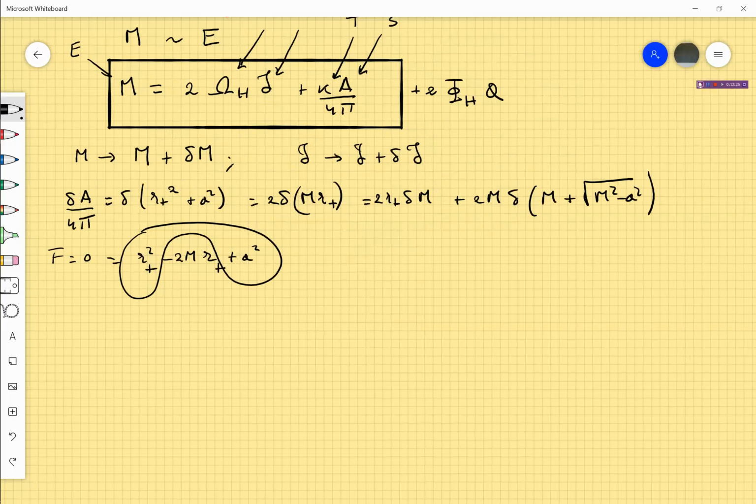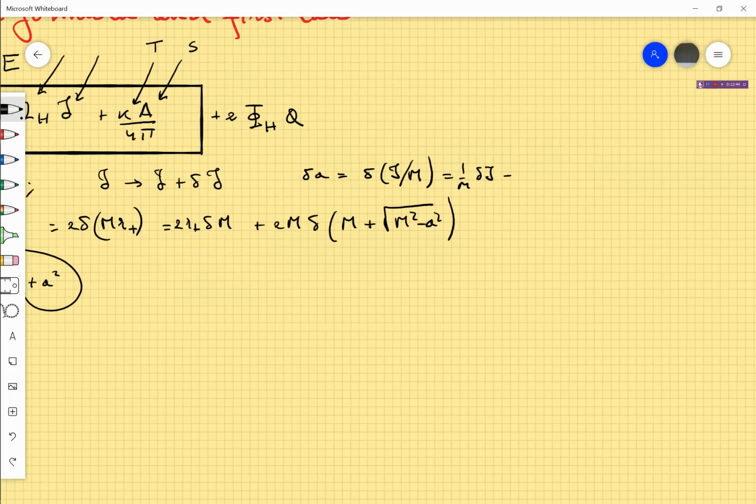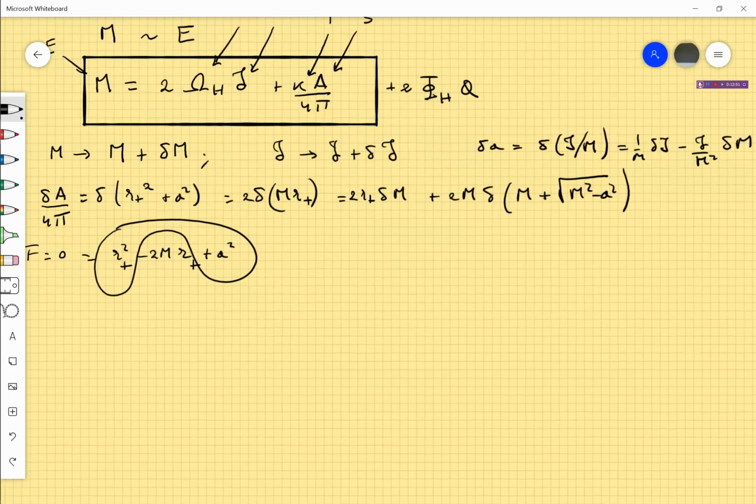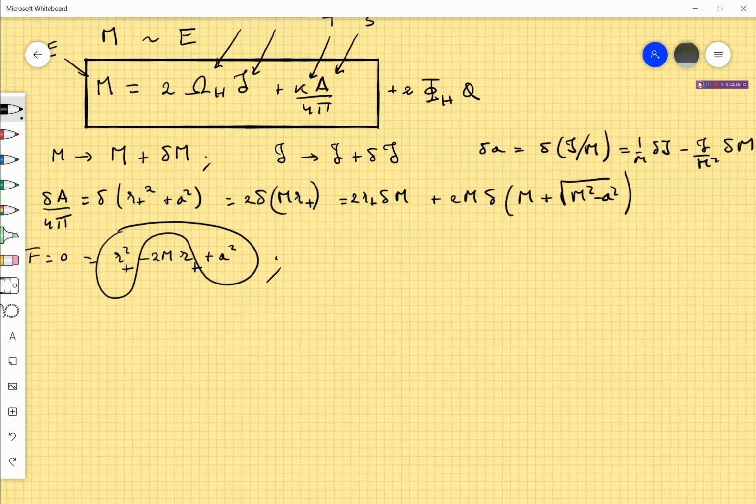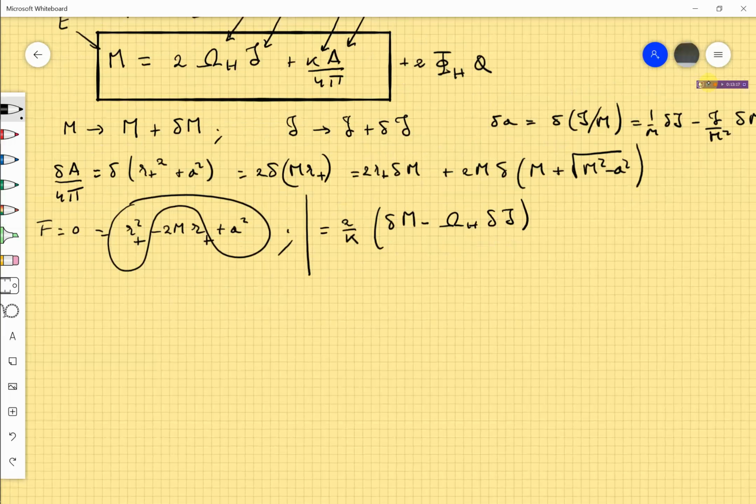This is just a matter of taking variations, and in the end, remembering that delta a is delta of J divided by M, so this is 1 over M delta J plus or minus J divided by M squared delta M. You collect all the terms and massage them to simplify them as much as possible, in order also to recognize factors, and you find that delta A over 4 pi is equal to 2 divided by kappa times delta M minus omega H delta J. This is one way of writing this result.